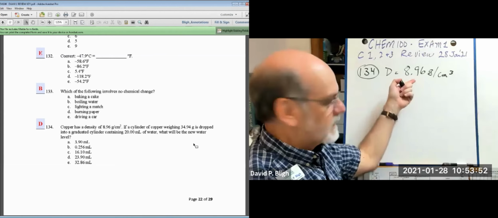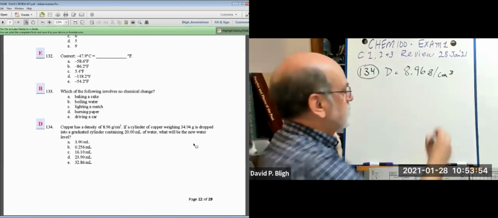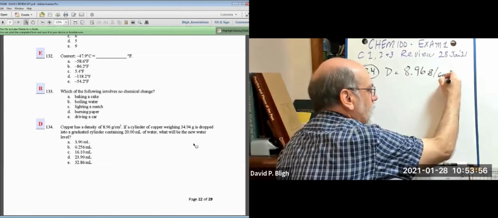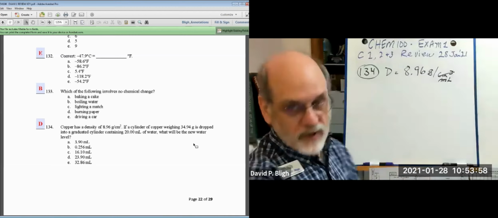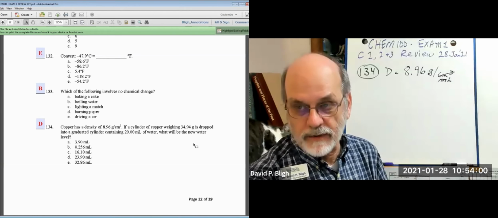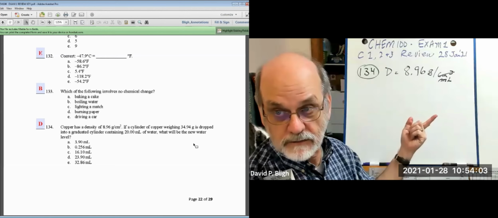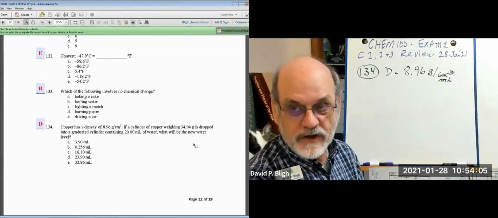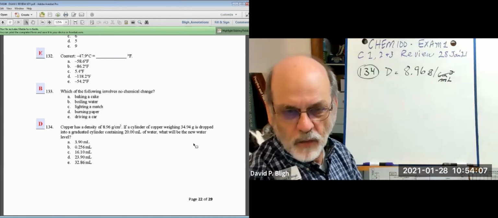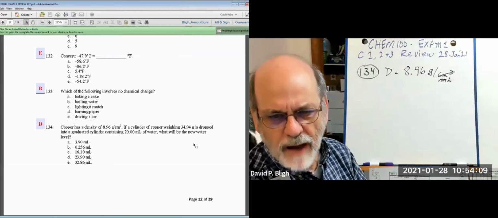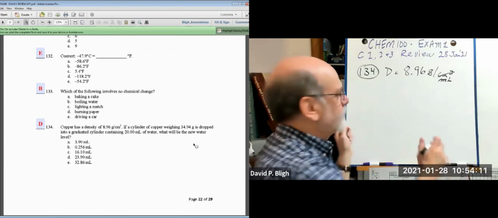So what does that mean? Well, that also means 8.96 grams per milliliter of copper, right? They're equivalent. So we can save ourselves a step right there. What else are we given? The copper has a mass of 34.94 grams.